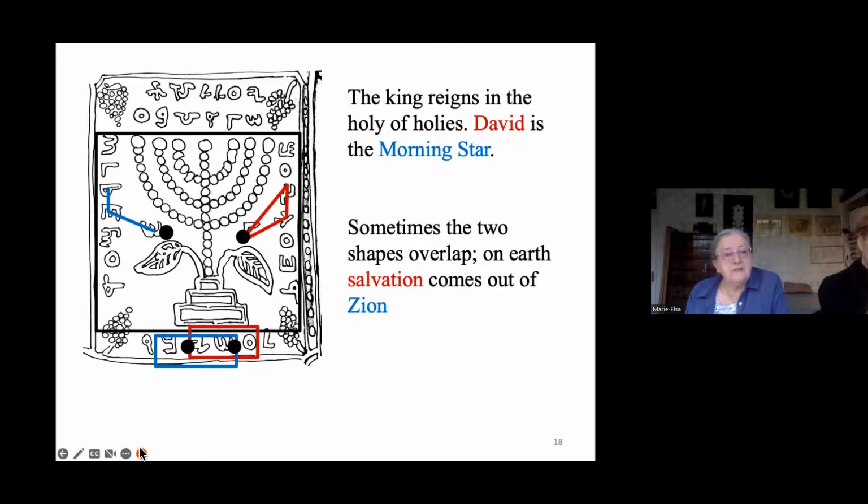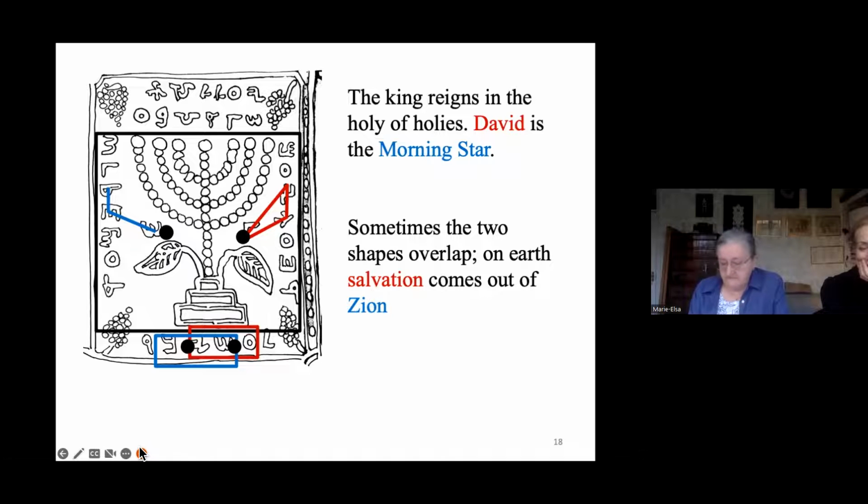But overlapping it and coming out from it, if you like, is the blue box. If you start reading in the other direction, the blue box, it says Zion. And so on earth, salvation comes out of Zion when David, the morning star, has been anointed in the Holy of Holies. And we're back very much with First Temple theology of the Davidic monarch.